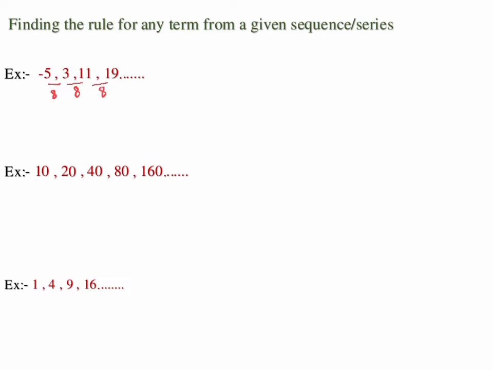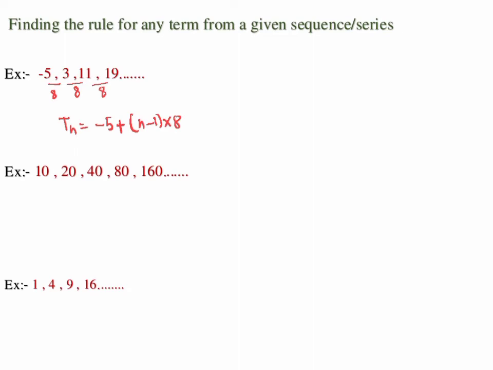So here you can find the rule, Tn will be minus 5 plus n minus 1 into 8. Why are we doing n minus 1? Because it started adding after the first term.